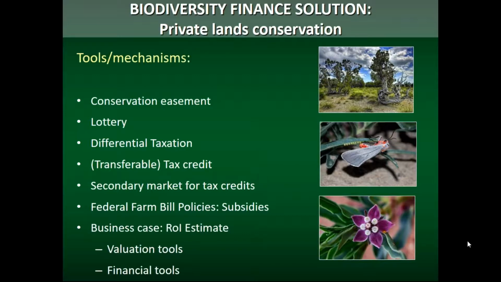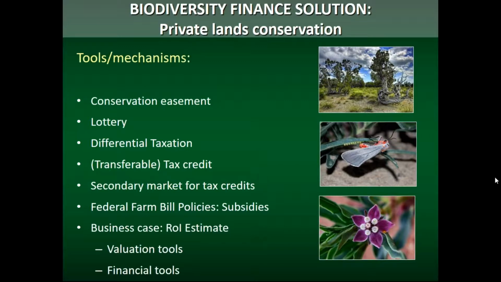And when you don't have a lot of income, you can't necessarily take advantage of an income tax credit. So when you donate your easement, you get the value of the tax credit, then you can go ahead and sell that tax credit on a secondary market to people who have a high level of wealth. And so that's that next line.